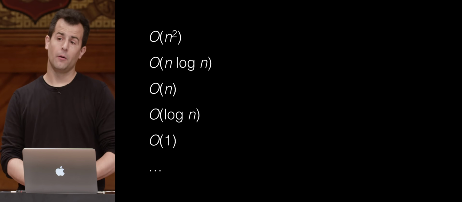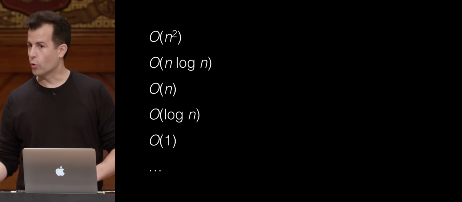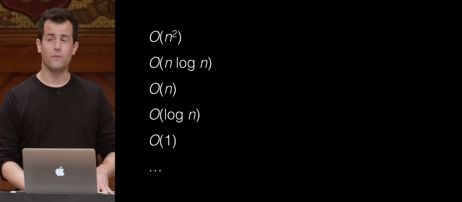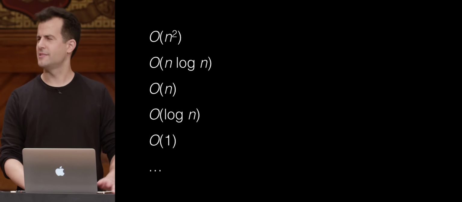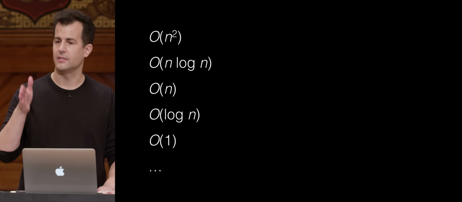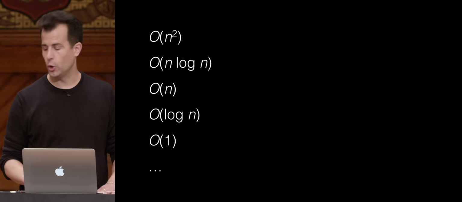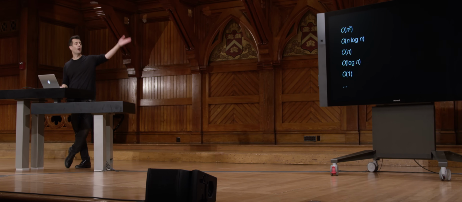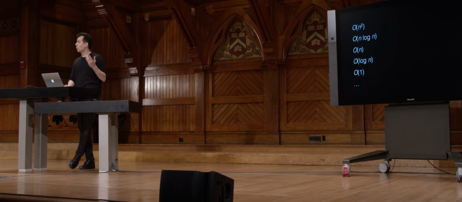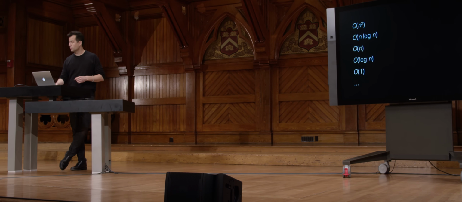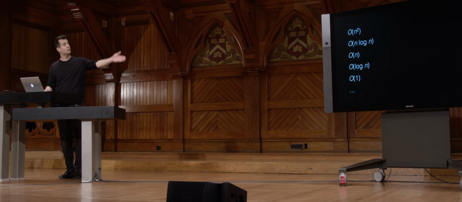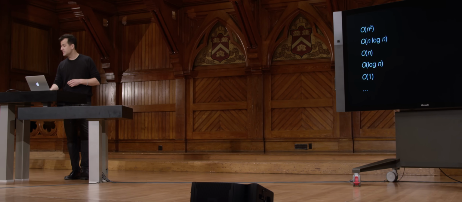Maybe it's even better, big O of log n, or really best would be big O of 1. It just takes 1 step, or 10 steps, or 100 steps, but a constant number of steps is what big O of 1 represents. And there's any number of other formulas we could use to express the running time of algorithms, but many of the algorithms we'll look at in CS50 certainly fall into these categories.